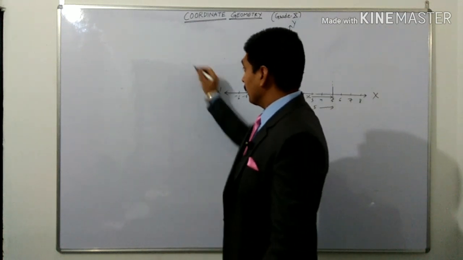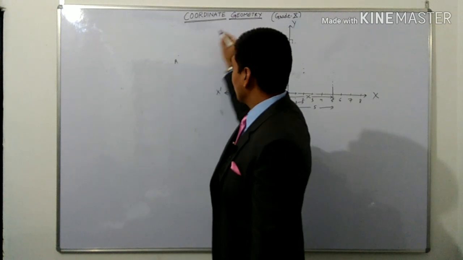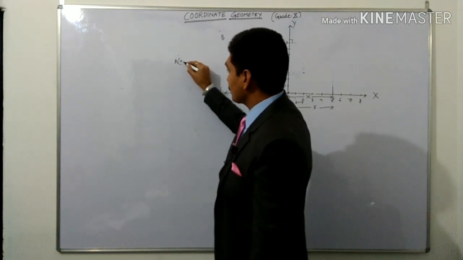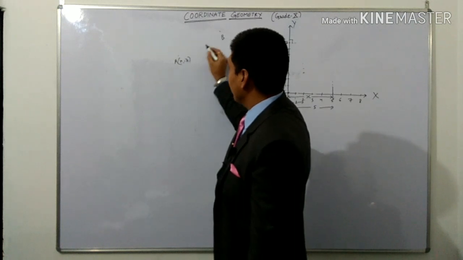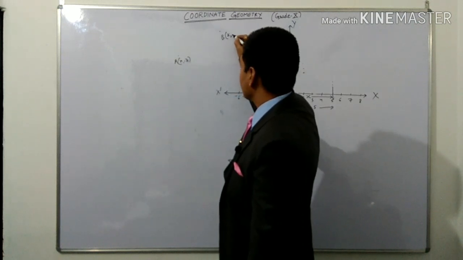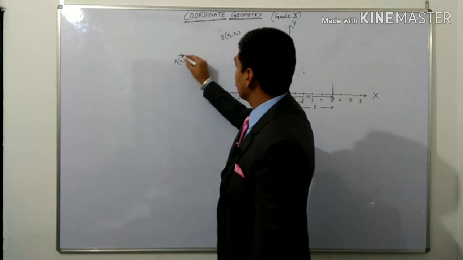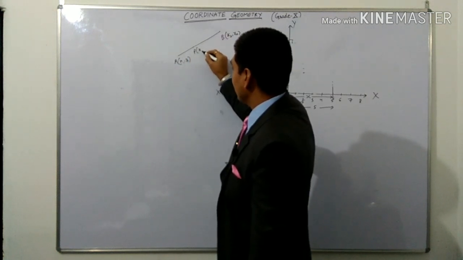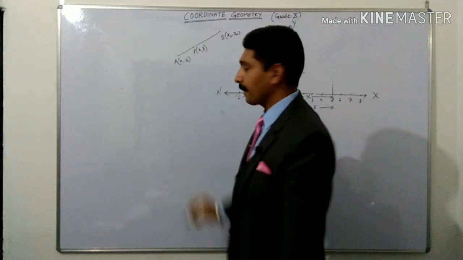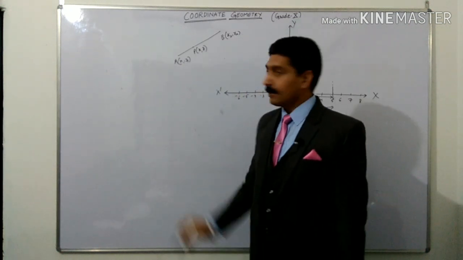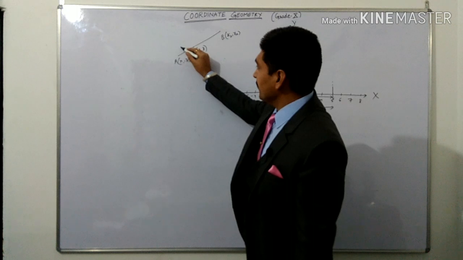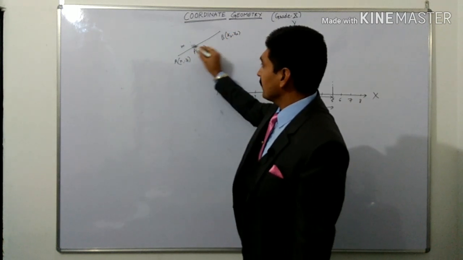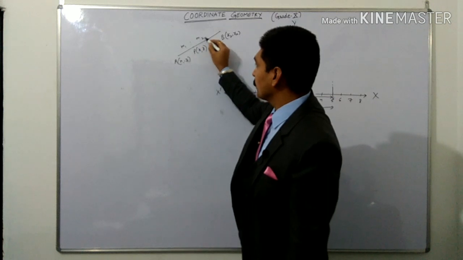Let again one point be A and one point be B. The coordinates of A are x1 y1 and of B are x2 y2. P is any point whose coordinates are x and y. Let the ratio AP to PB be m1 ratio m2.